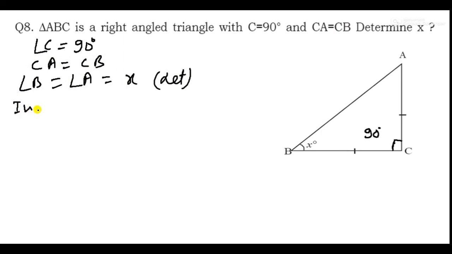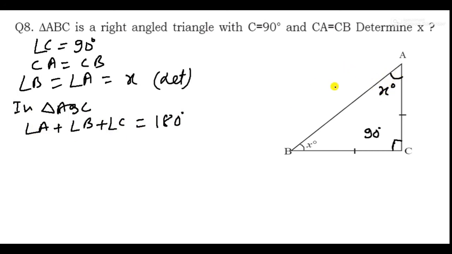Now in triangle ABC, the angle sum is 180 degrees. So angle A plus angle B plus angle C is equal to 180 degrees. Angle A is X degrees, B is also X, but C is 90 degrees.